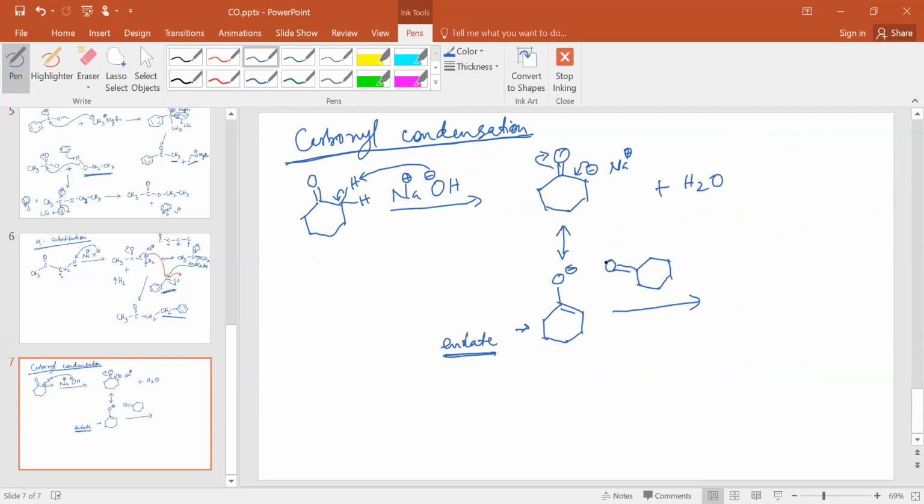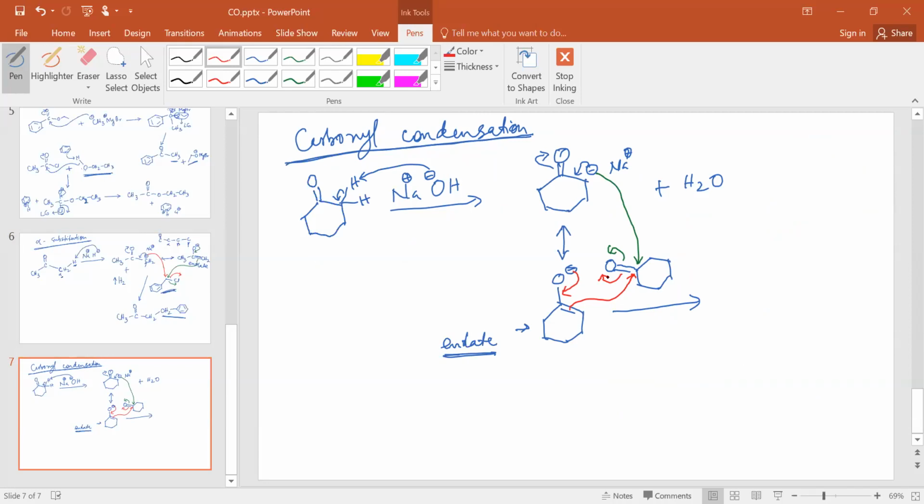And you can show the reaction with both: it can react here like this, or with the enolate you can show that the negative charge comes back and this goes here. Both will give you the same product because those are resonating structures.